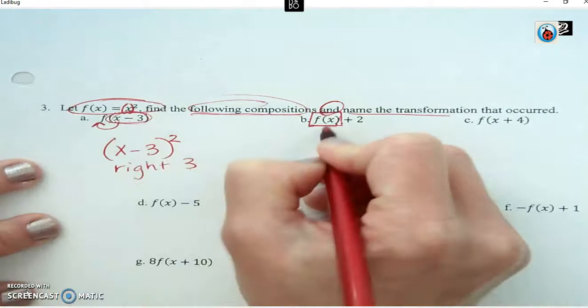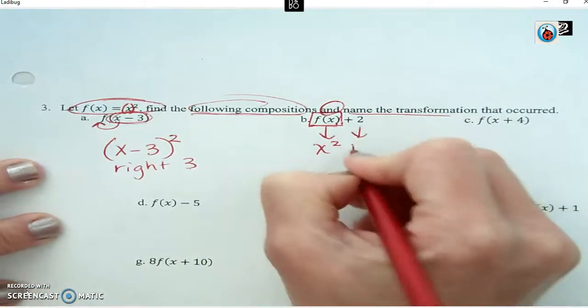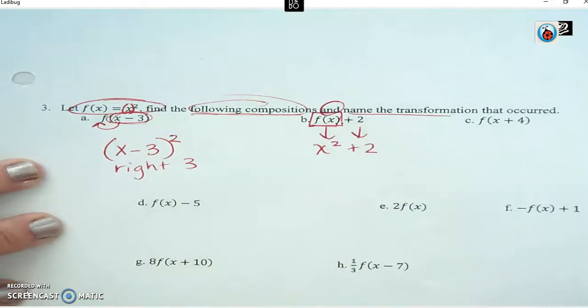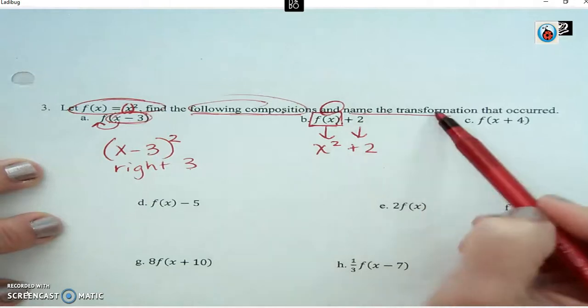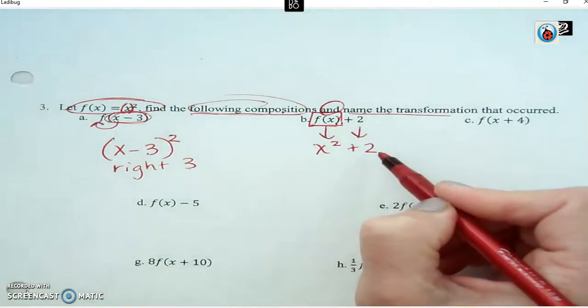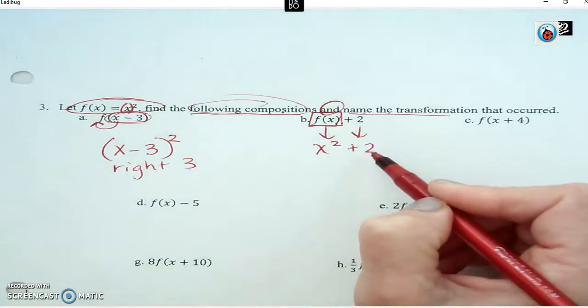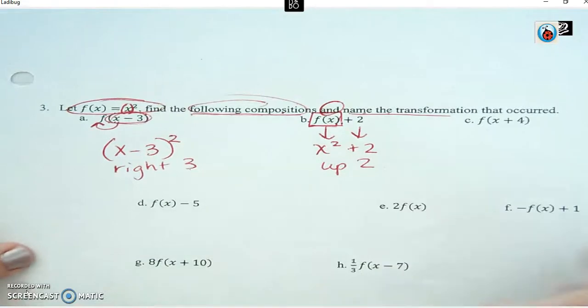So you just replace that with x squared, and you drop down the +2. So that's your answer for the composition part. Name the transformation. Well, if you're adding or subtracting it and it's not in parentheses, it moves it up or down. So this one moves it up 2.